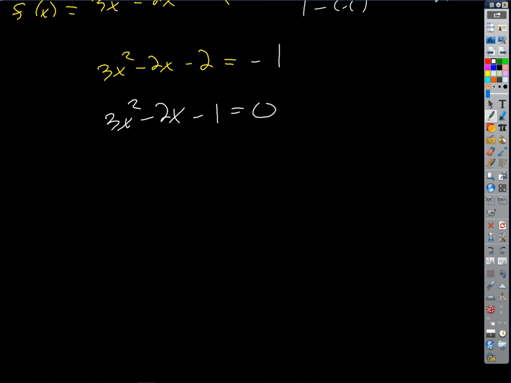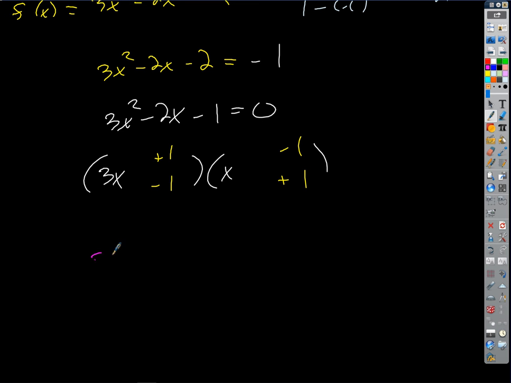So the only ways that this could factor conveniently would be either a +1 and a -1, or a -1 and a +1. Just see which one gives you the right cross product. Let's take the top one. Was that going to work? When I distribute the 3x, I'm going to get my 3x squared, of course.